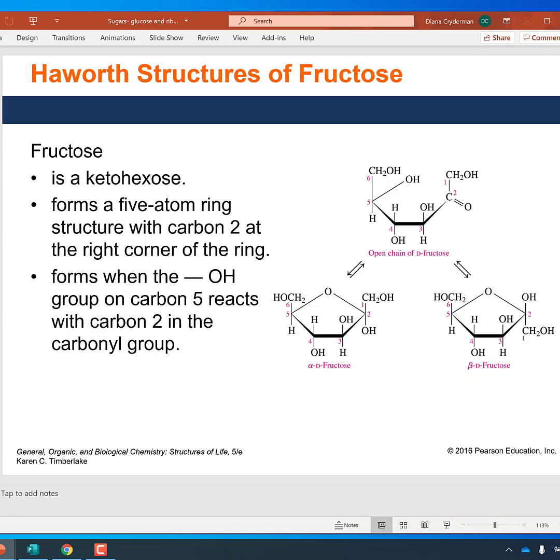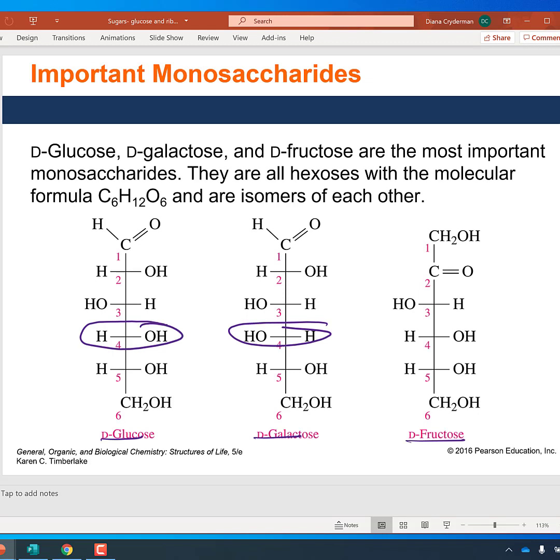So if we go back here, we're going to be taking the alcohol on carbon 5 and going to carbon 2. So we're making a smaller ring.